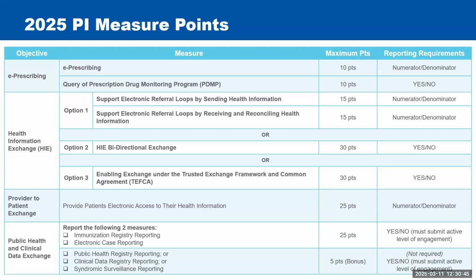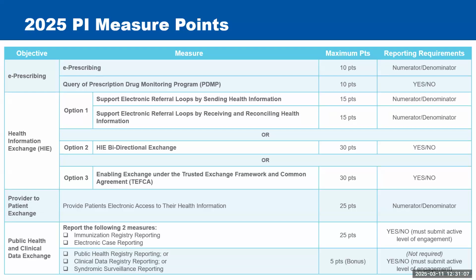But don't worry, next month we will take a much deeper dive into these measures to make sure that you can maximize your score. But for now, all you really need to know is that half of your points are coming from sending those summaries of care, and half are coming from reconciling and receiving those summaries of care.